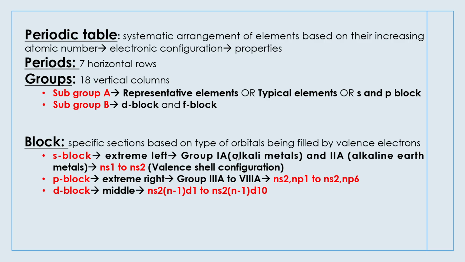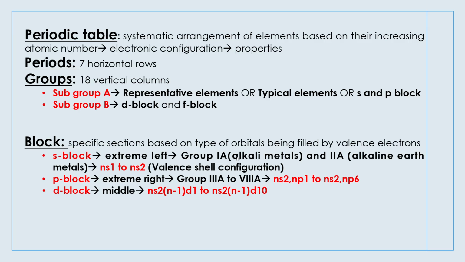The d block is located in the middle in between the s and p block. In d block, we have the d orbital. In d orbital, we can have a maximum of 10 electrons.